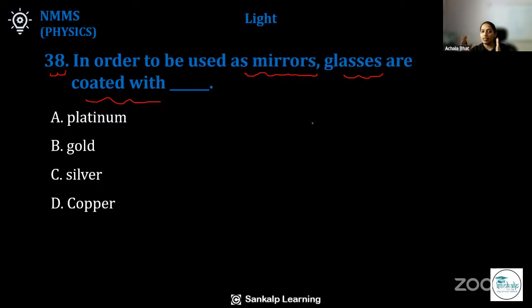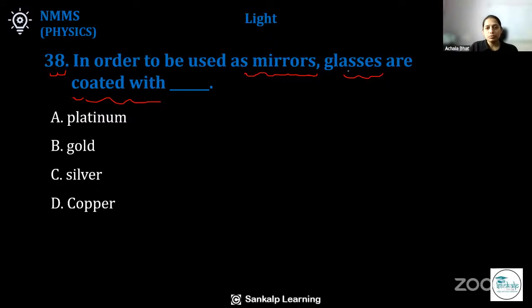They pass light very easily. In order to be used as mirror, glasses are coated with, see, if we have to use glasses as mirrors, then that glass surface should be reflecting.